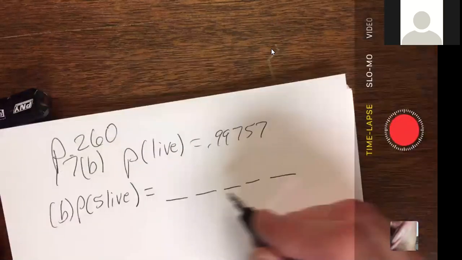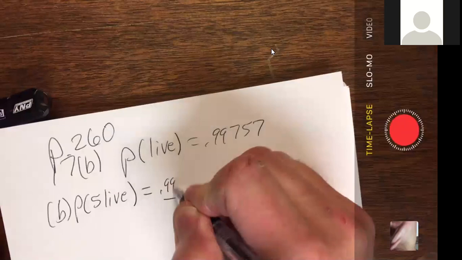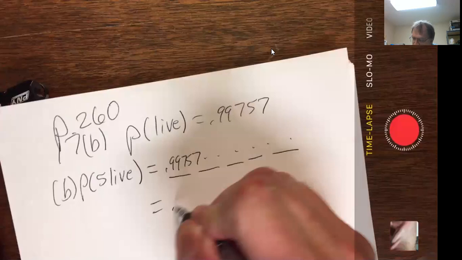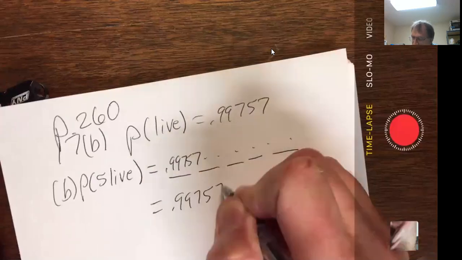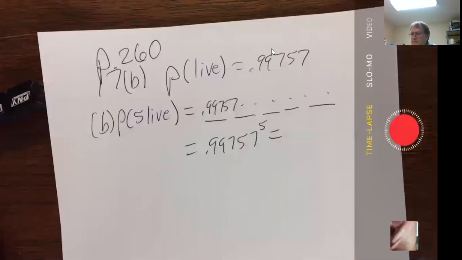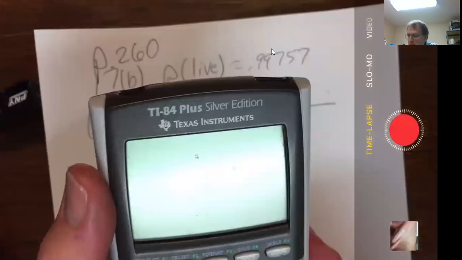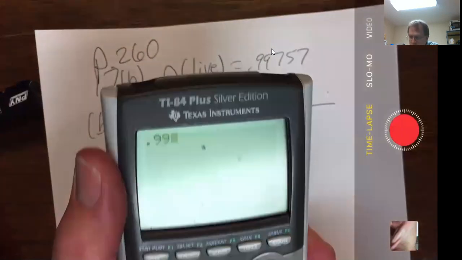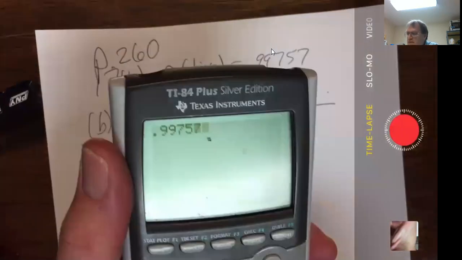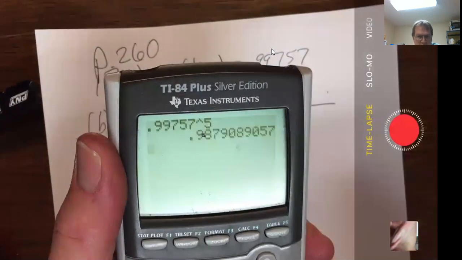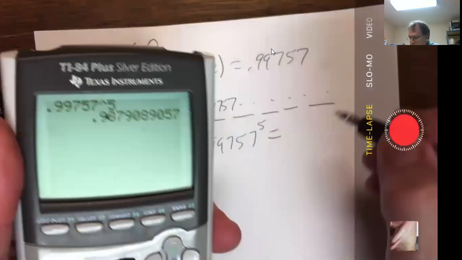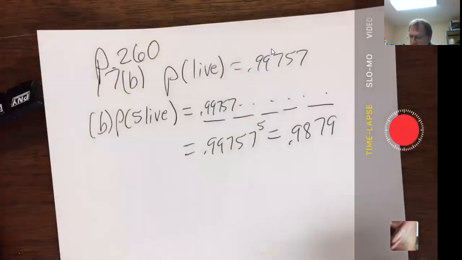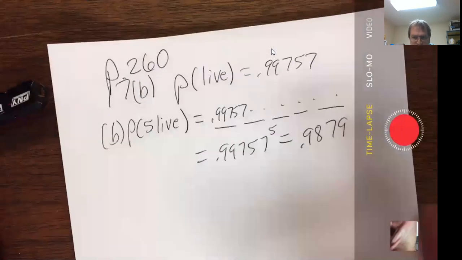So each person living would be 0.99757, and you can see that would be 0.99757 to the 5th power. That's 0.9879. 98% chance 5 40-year-old people will live to be 41.